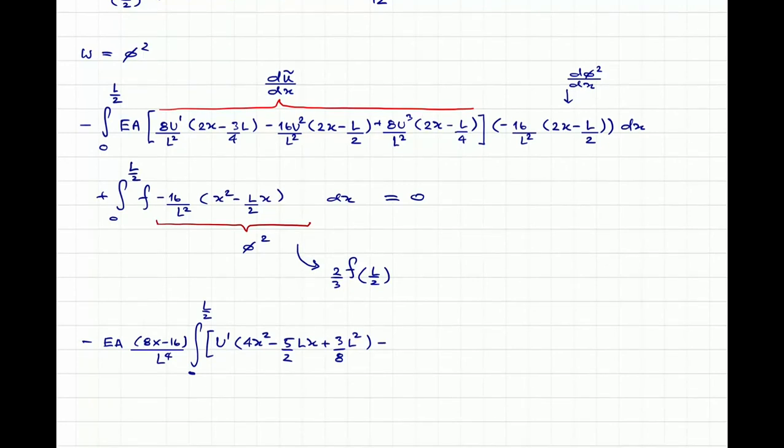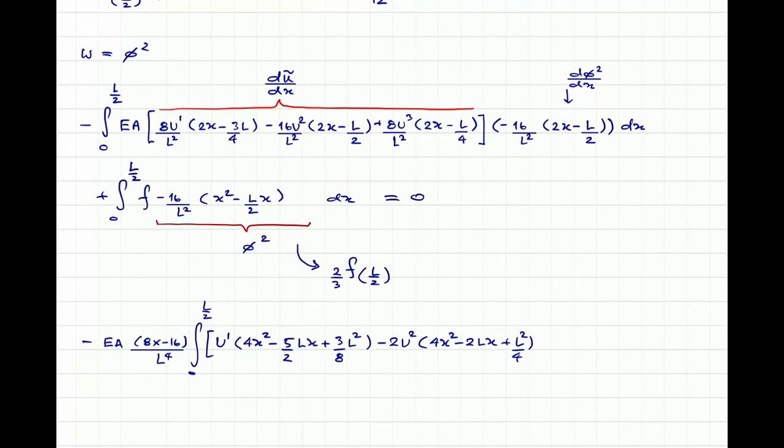For U2, minus 2 U2. And in the bracket 4x square, L and L, so L adds up with L, so it's just 1, right? 2x L over 2, so plus or minus 2Lx plus L square over 4.